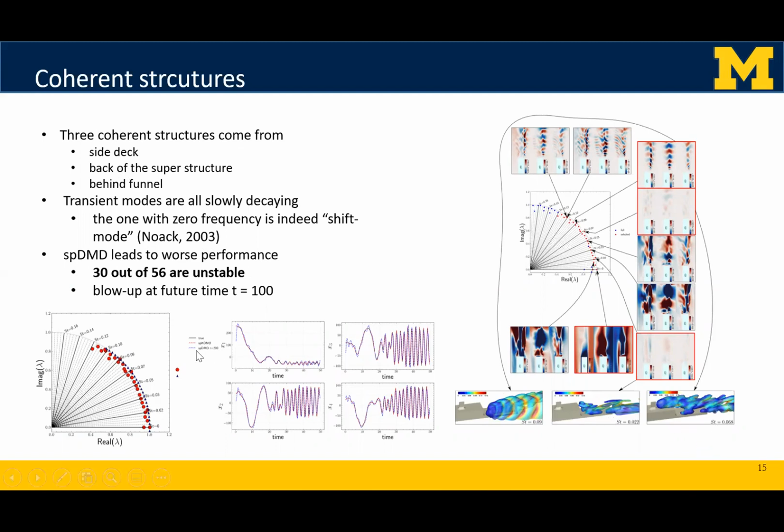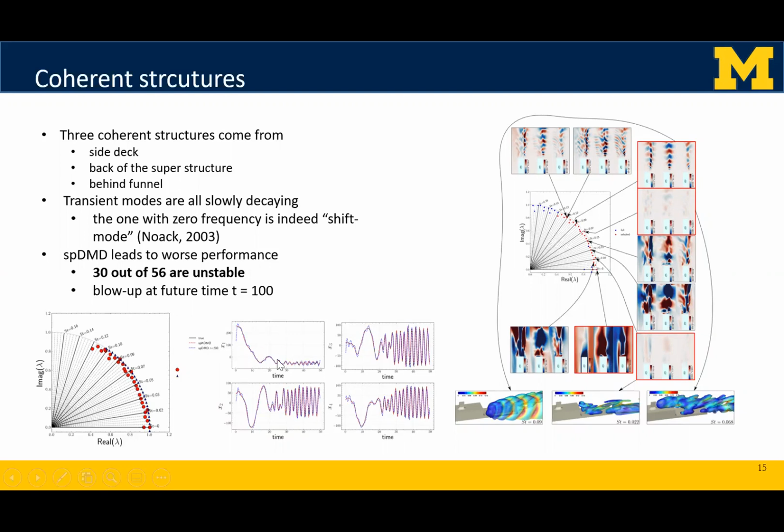Sparsity-promoting DMD here, corresponding to the blue triangles, gives you all the modes nearly on the unit circle, but 30 out of 56 of them are unstable, which means they actually blow up at future time steps. This represents a really bad mode decomposition for reduced-order modeling purposes.